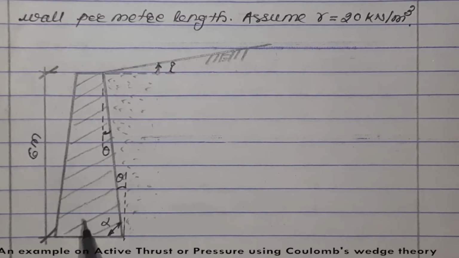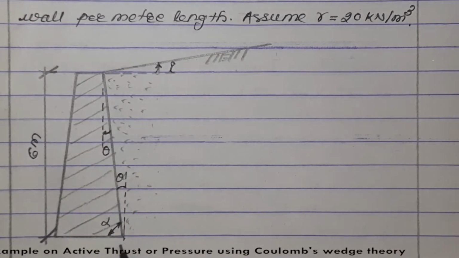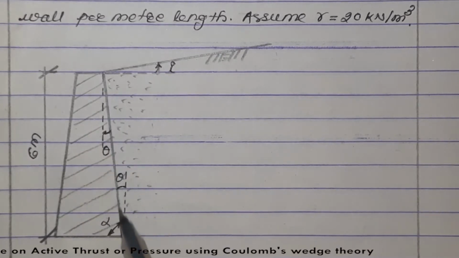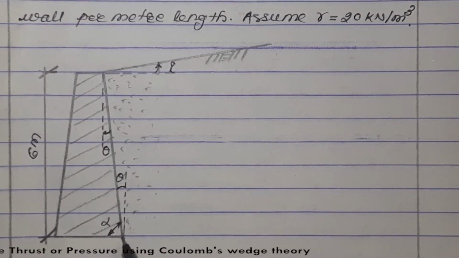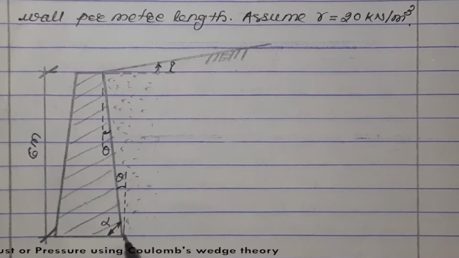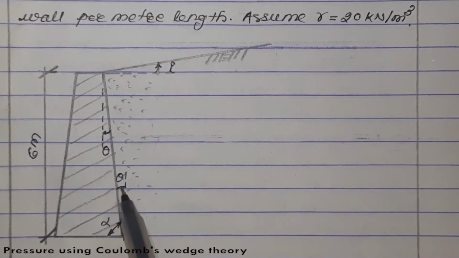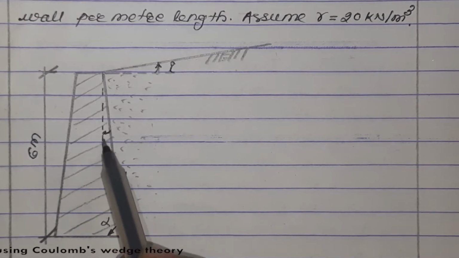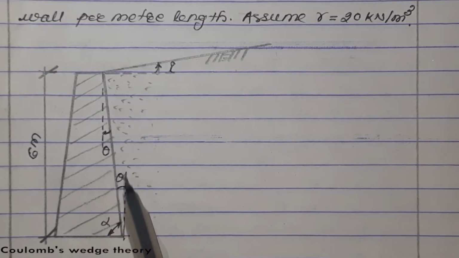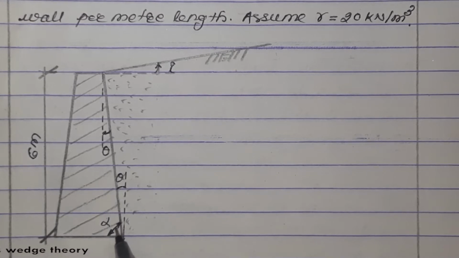This is the diagram. This is the retaining wall and this is the retaining surface. This retaining surface is inclined at 15 degrees with the vertical. So this theta angle is 15 degrees. This will also be 15 degrees. This angle is going to be alpha. This alpha will be 90 minus theta.